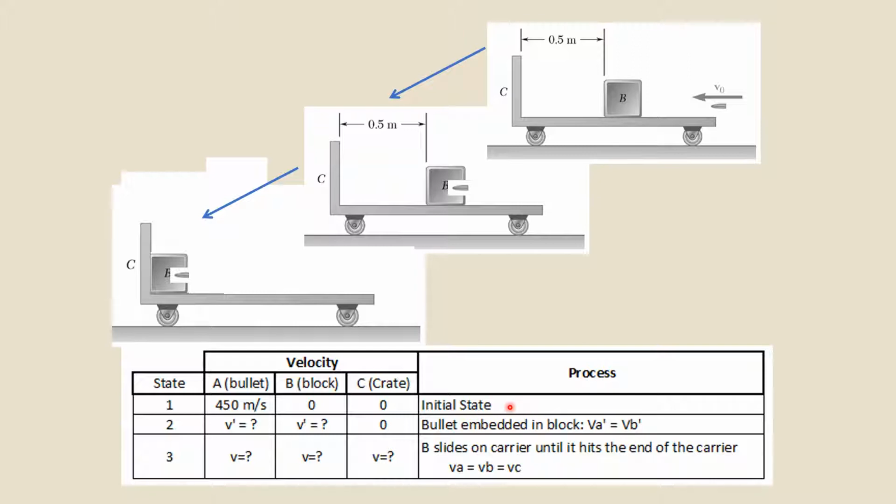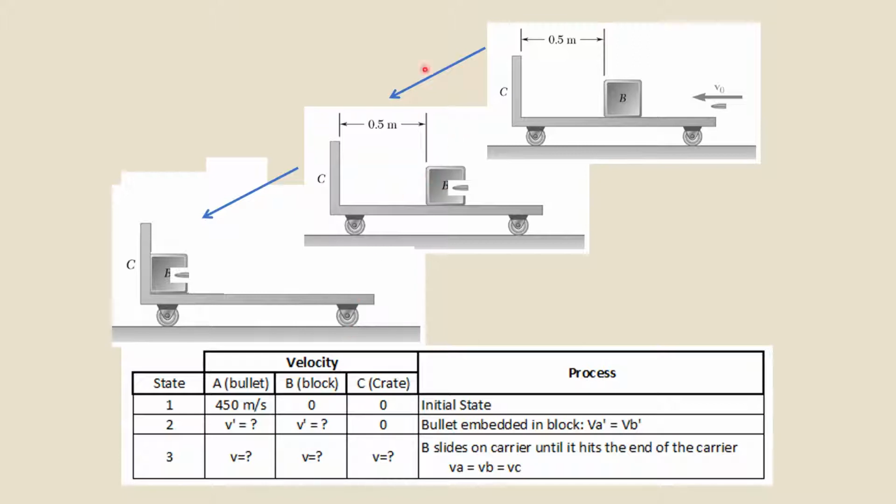We have m1v1 plus the force integral over dt goes to m2v2. This is state 2. And in the second state they're stuck together, which means they're both going at the same velocity. After that collision, the bullet and the block both have the same velocity. So here's another unknown.